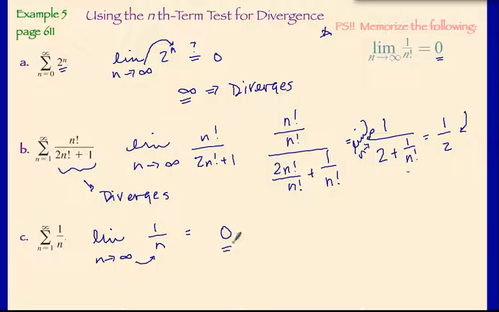The nth term test for divergence only tells us that the series diverges when it's not 0. So when it wasn't 0, bam, diverge. When it is 0, this test doesn't help us. It just gives us inconclusive evidence. We don't know for sure if it diverges or not.